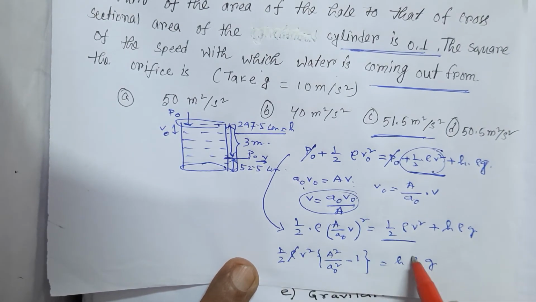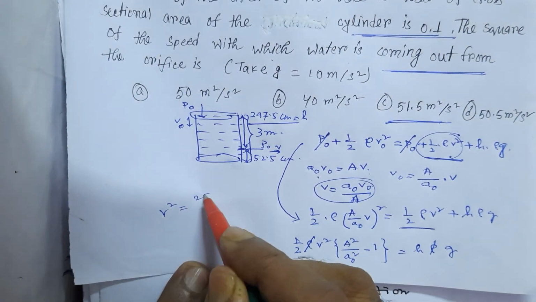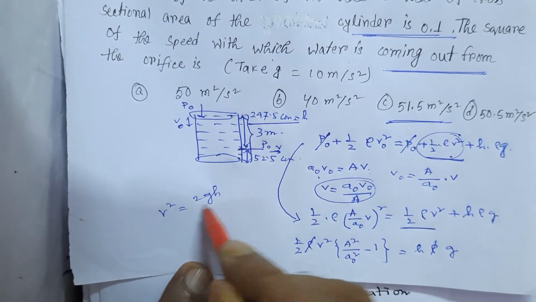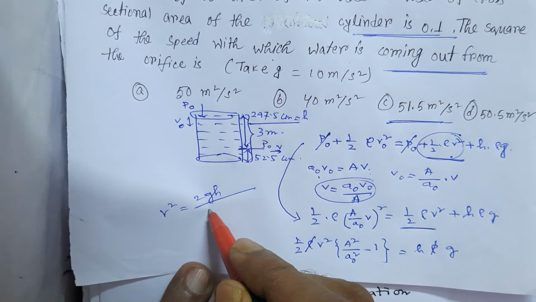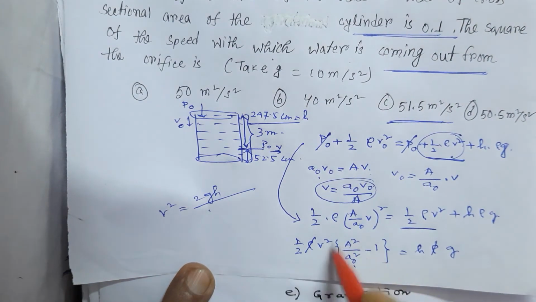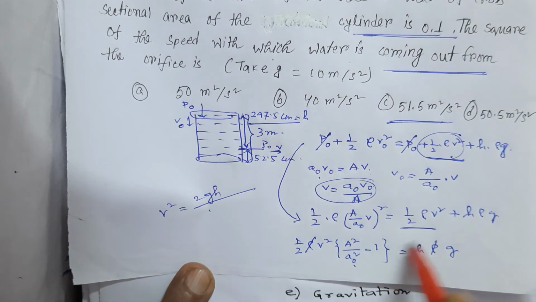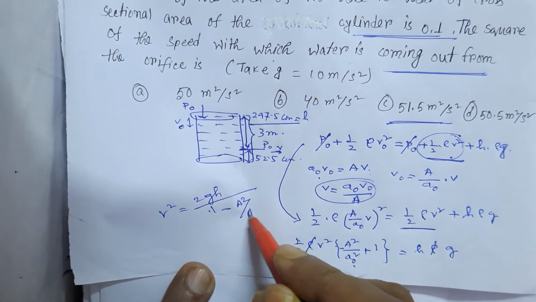So rho being cancelled out, V square equals 2GH by A square by A0 square minus 1. This should be 1 minus A square by A0 square.